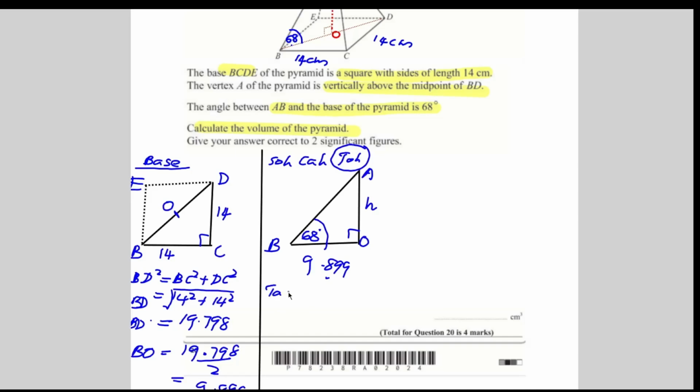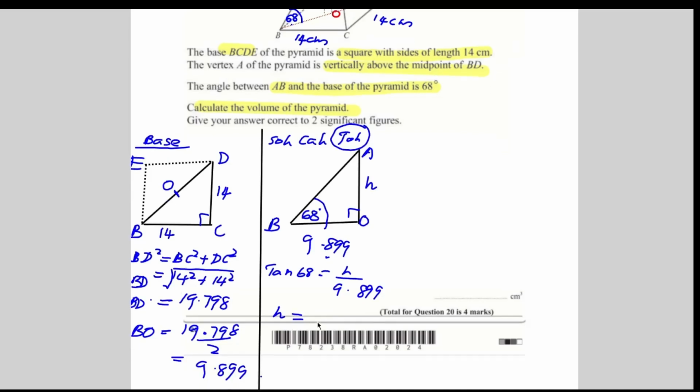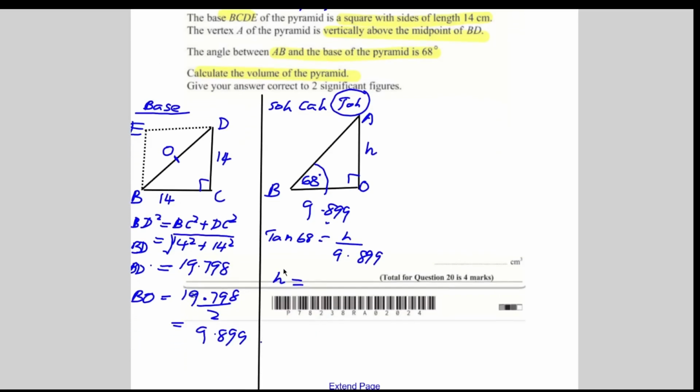Then tan 68 equals height over 9.899, then height equals 9.899 into tan 68.